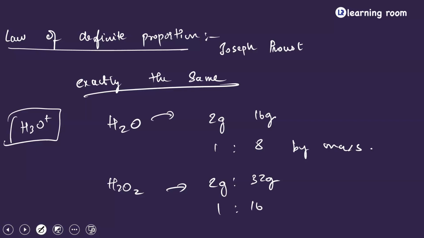Elements combine in fixed proportion to form what? The compound. 1 gram hydrogen combines with 8 grams oxygen to form water. So 0.1 gram hydrogen with 0.8 gram oxygen also forms water. Sometimes on the paper, in the details, which law does it follow here?